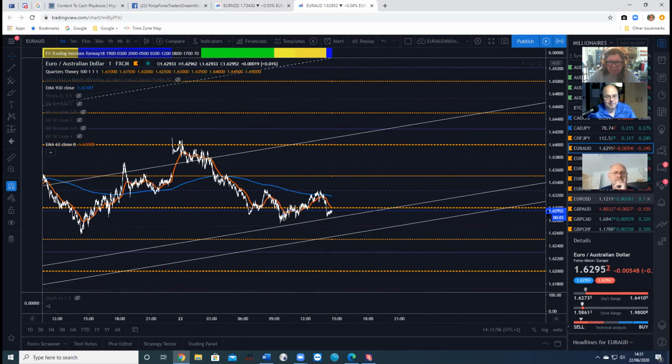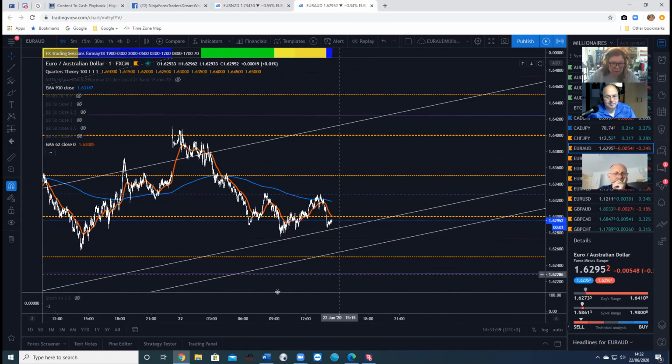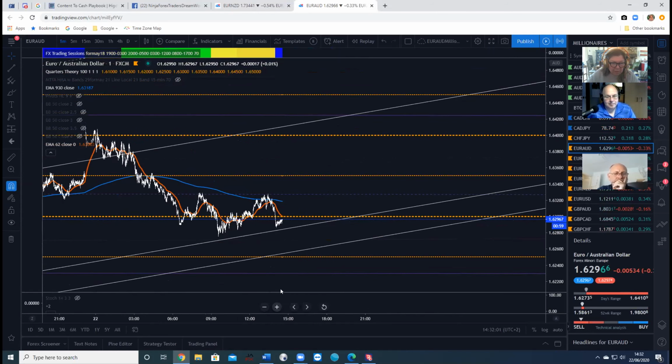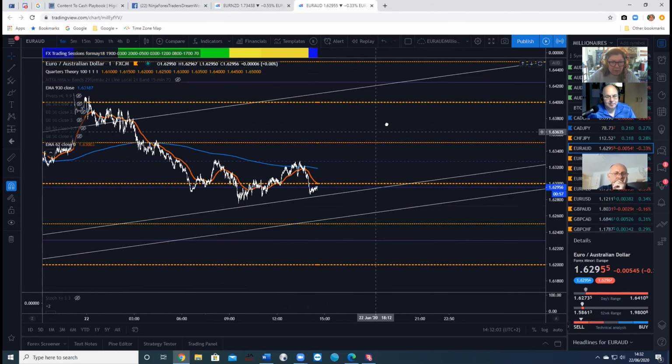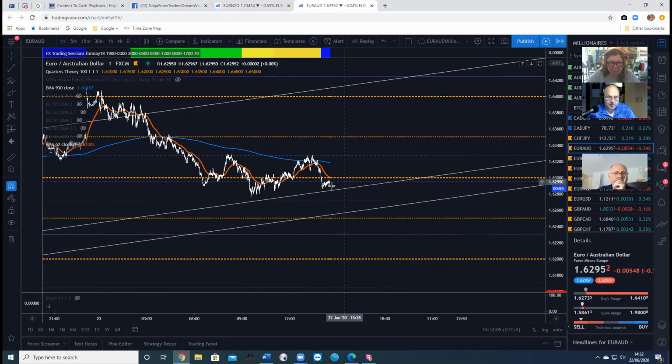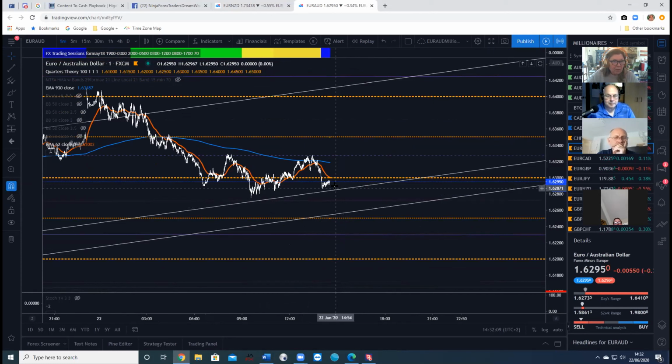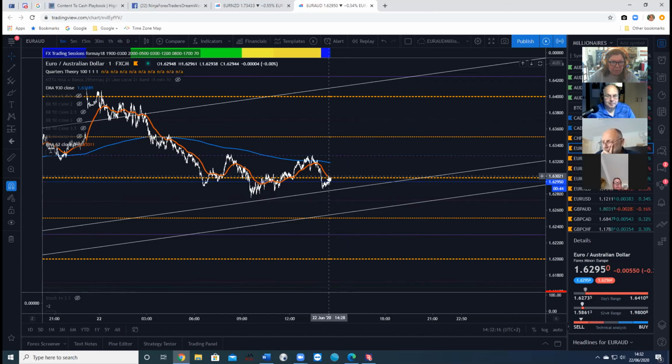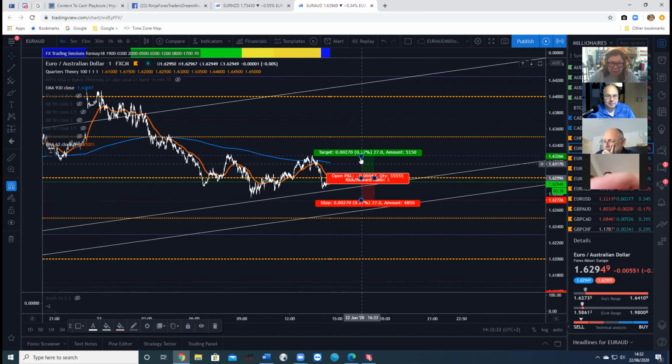So it looks like it's turning round, although it's underneath the 1 minute trend, the 62. And it's just in this little price trap, this little wedge between the outer extension of this latest pitchfork and quarter theory. So if that does come above the 62, put a long position on, see what that looks like.